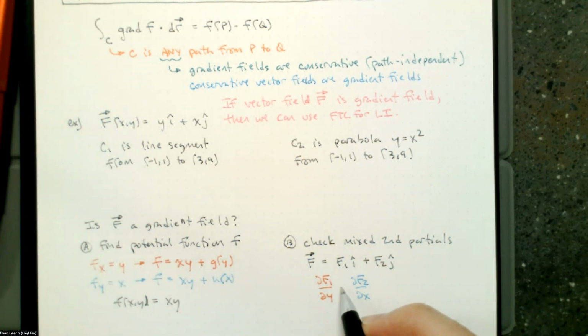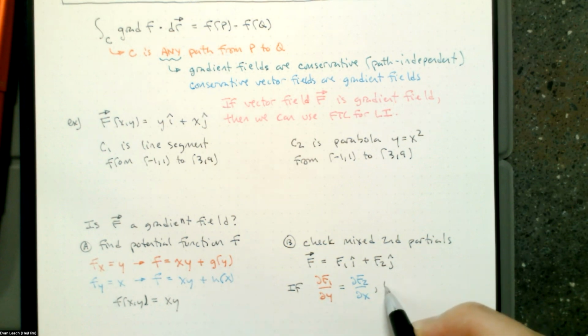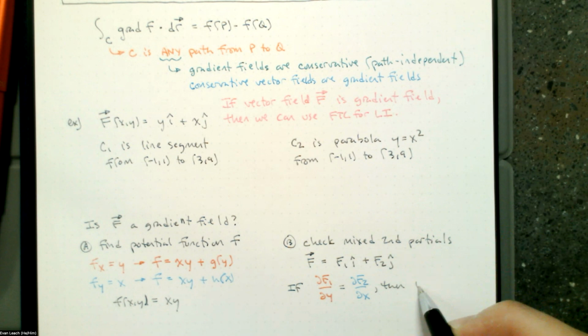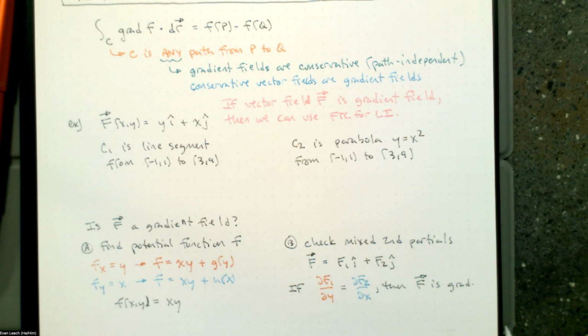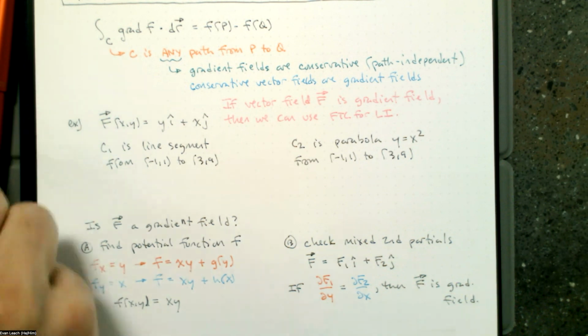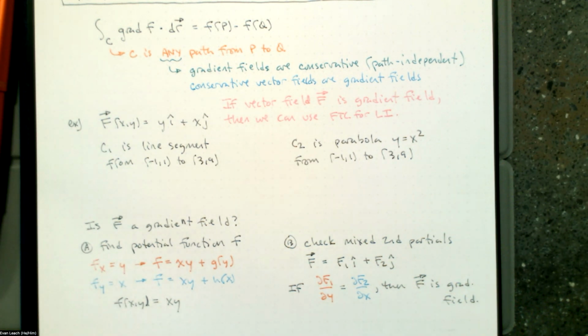This is what we want to know. If the mixed second partials are equal, then there is some gradient field, some potential function, because the vector field is the gradient field.